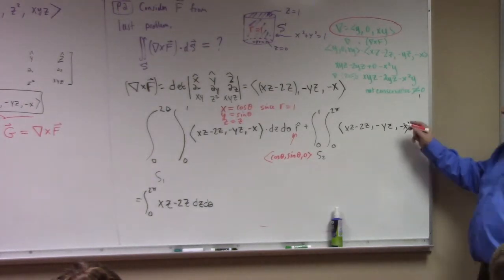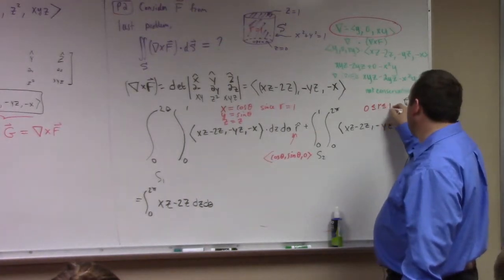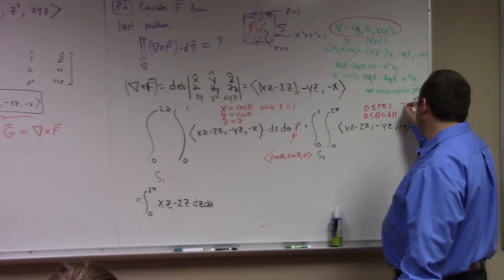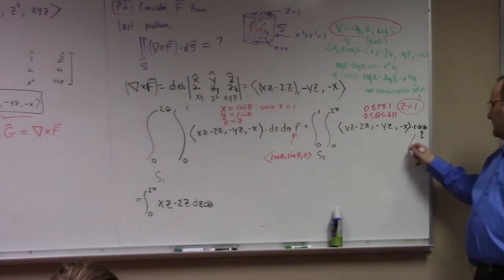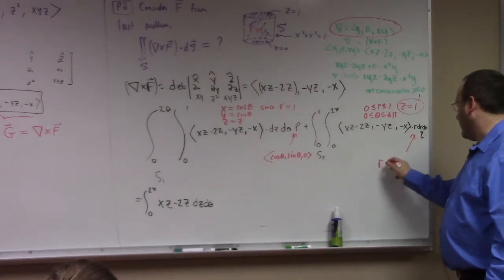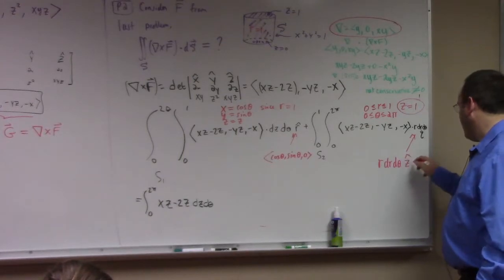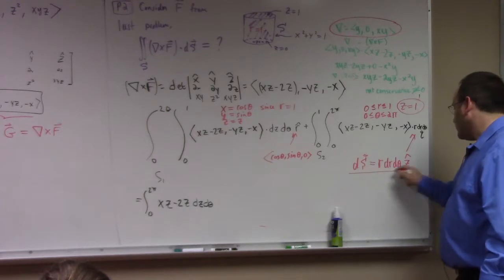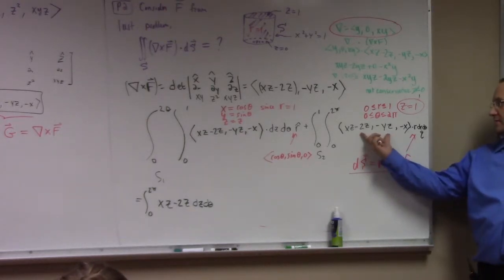So here, you're working where 0 is less than or equal to r less than or equal to 1, 0 less than or equal to theta less than or equal to 2 pi, and z is 1. I think you're saying r dr d theta z hat, is that right? Good. That is in fact the correct dS for the top. But again, you have to plug in the appropriate formulas for x, y and z.